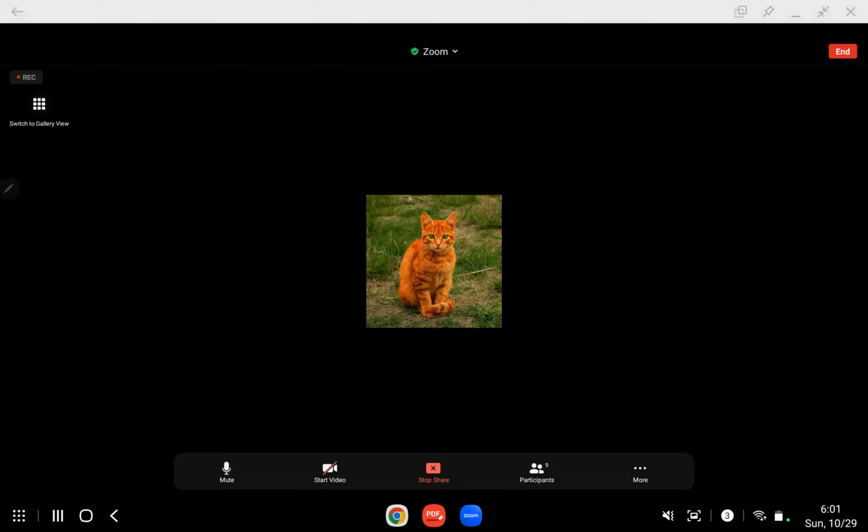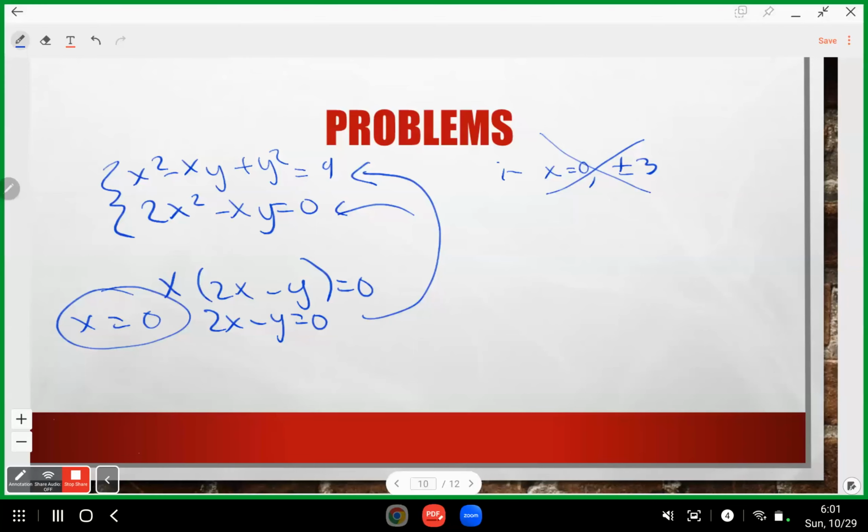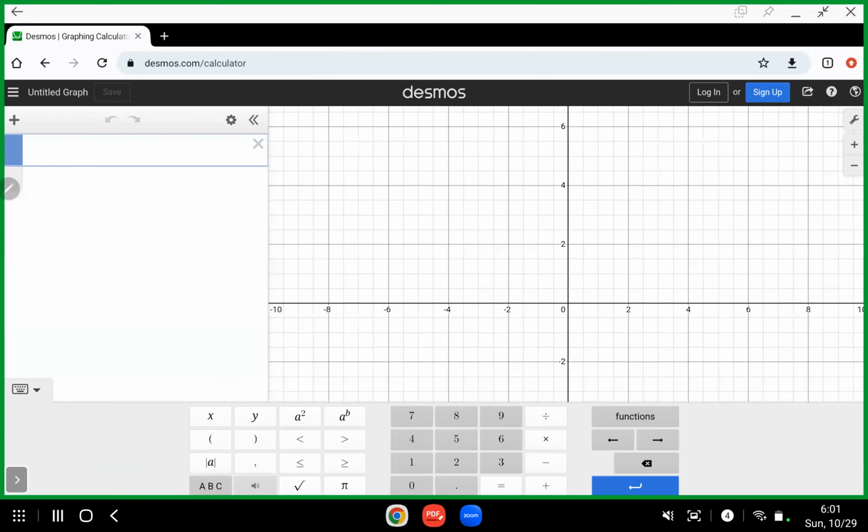It's quite weird. So let me share my screen now. It's this. So x squared minus xy plus y squared is equal to 9.